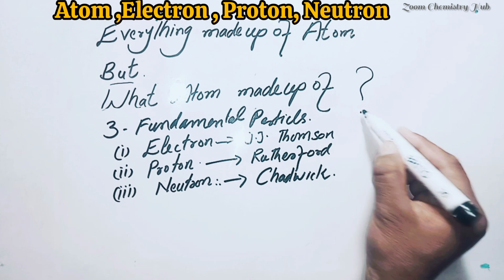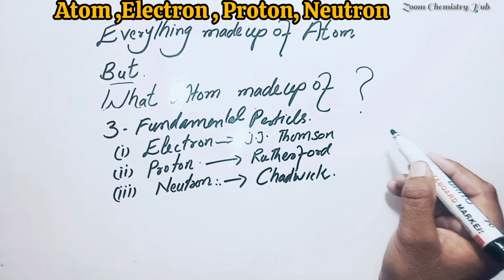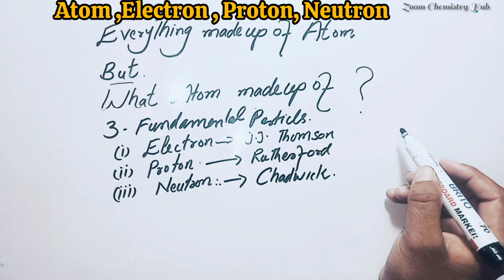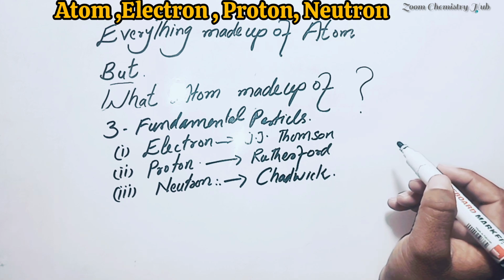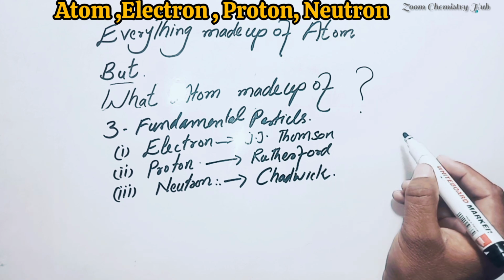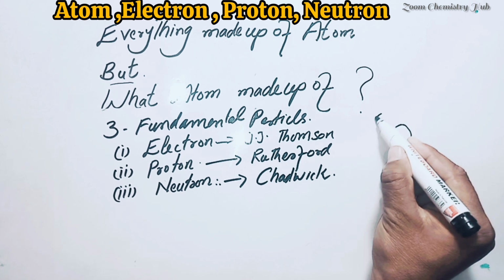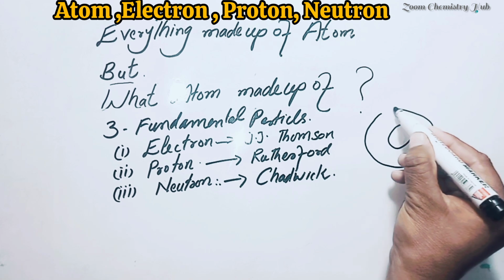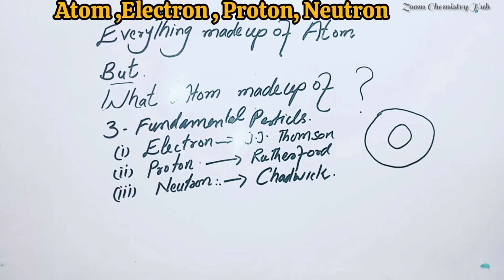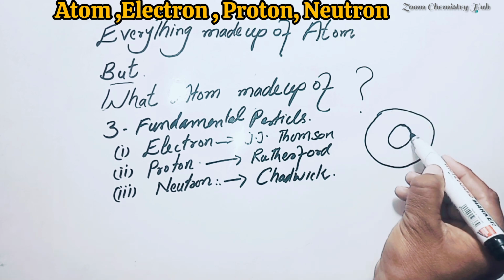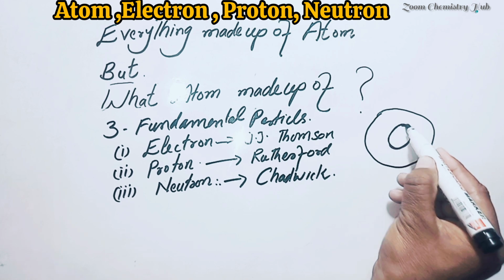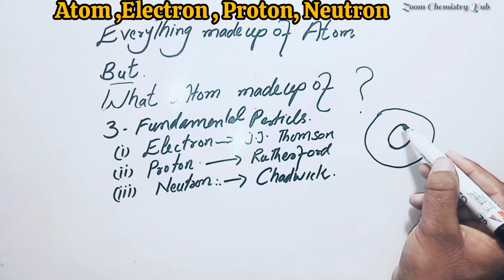We know that an atom consists of two parts or two portions: the nuclear region and the extranuclear region. The nuclear region is called the nucleus. The extranuclear region is outside the nucleus.